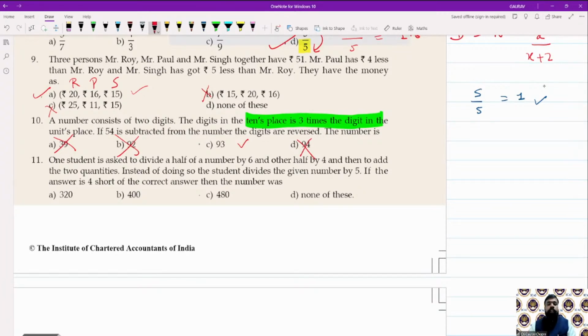And if you try to check the second condition, that will also be satisfied by option number C. It says if 54 is subtracted from 93, the digits will be reversed. So after subtracting 54, we are getting 39. So digits are reversed. Therefore, 93 is the correct answer. Okay.